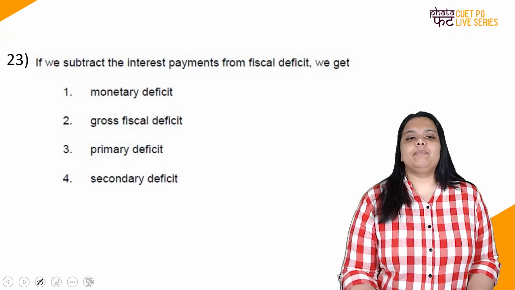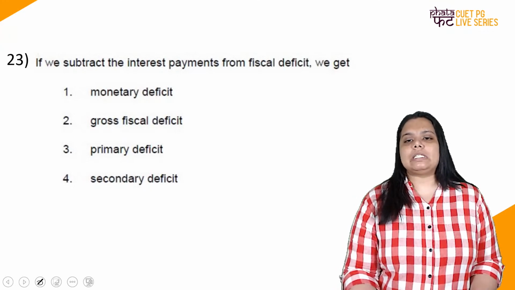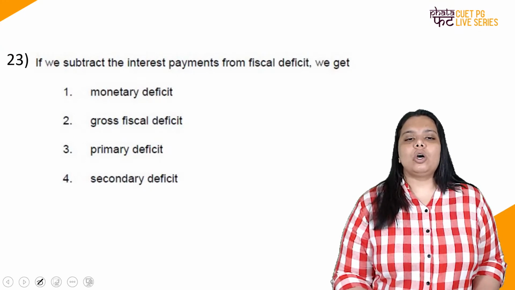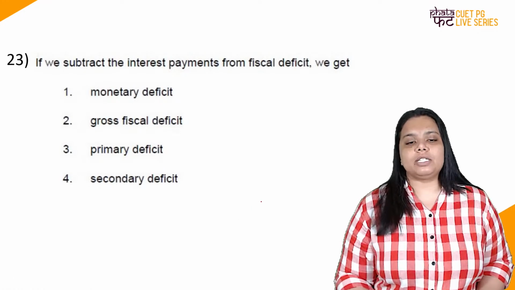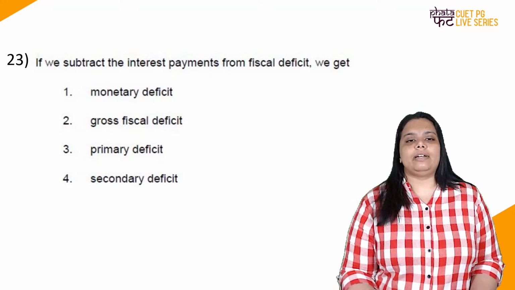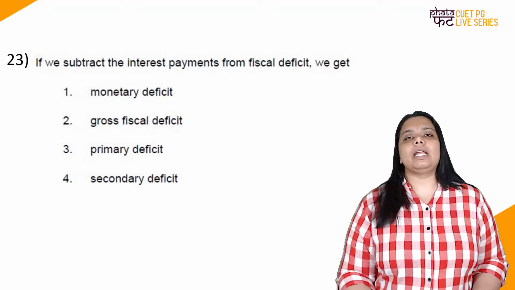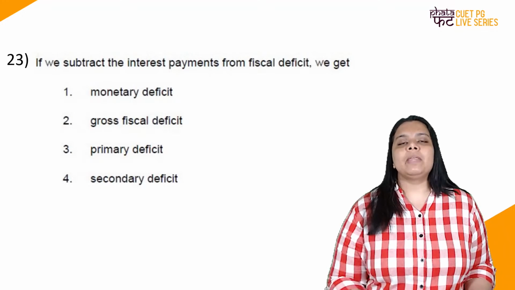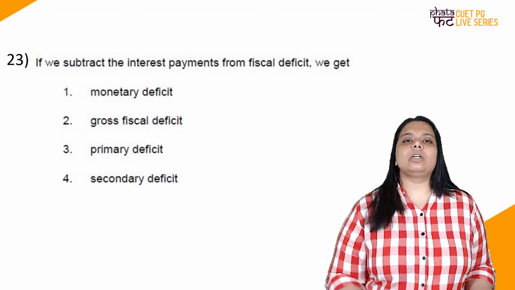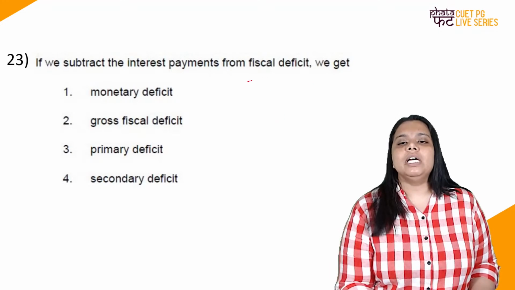Question number 23. If we subtract the interest payments from fiscal deficit, we get option 1 monetary deficit, option 2 gross fiscal deficit, option 3 primary deficit, and option 4 secondary deficit. Fiscal deficit means total expenditure minus total receipts. When the total expenditure is more than total receipts, we say there is a situation of fiscal deficit.